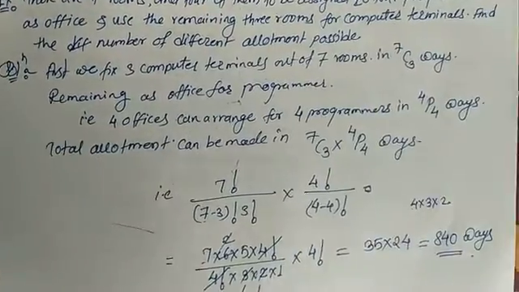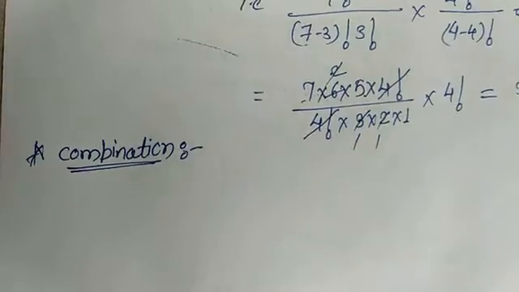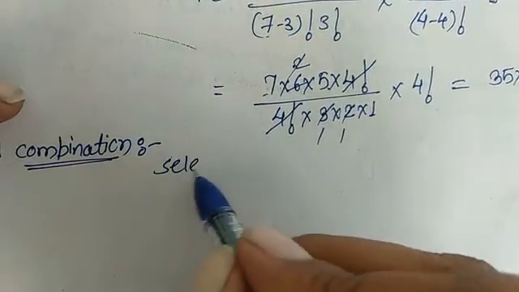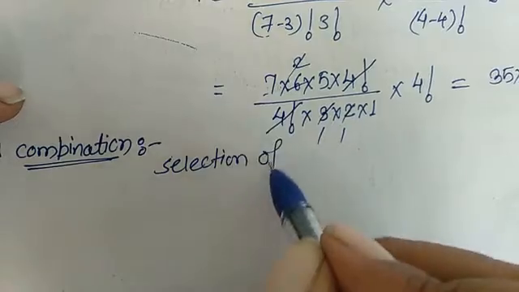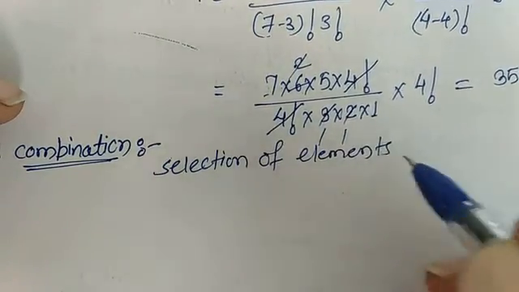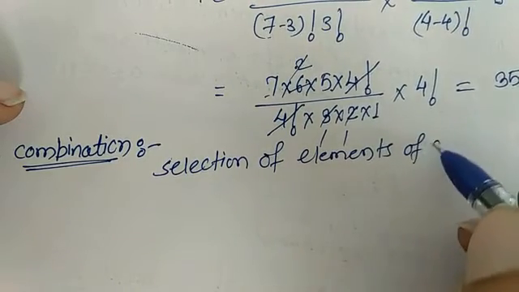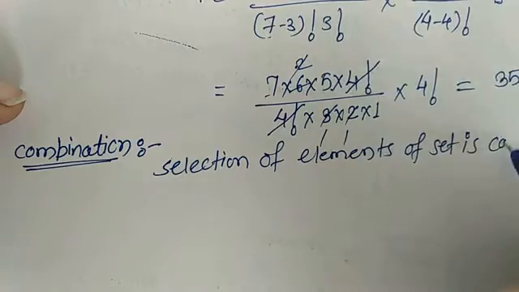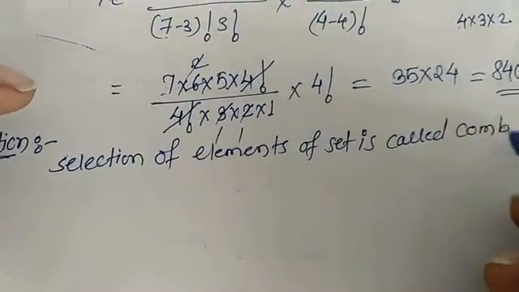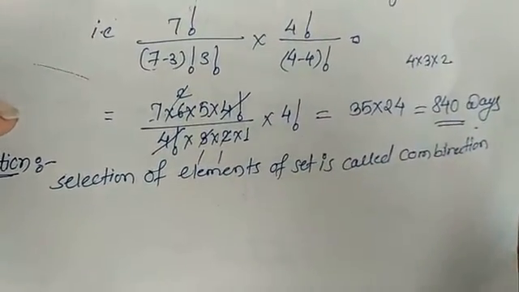Now we see the definition of combination. A selection of elements of a set is called a combination of elements.